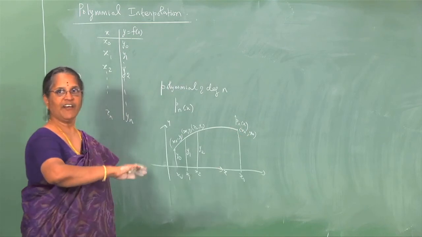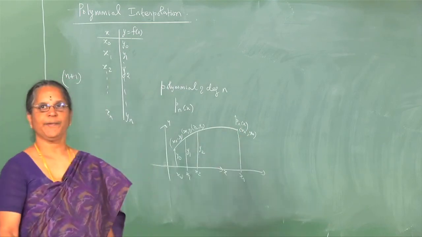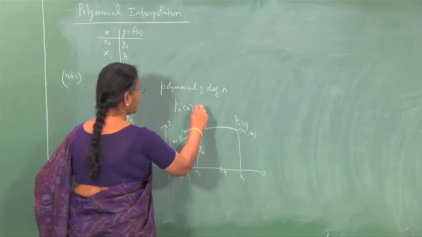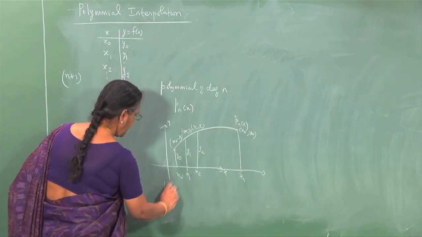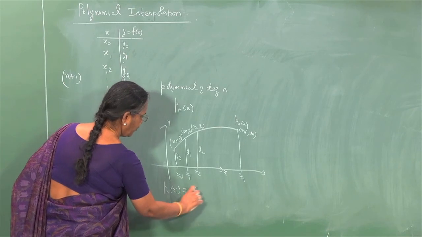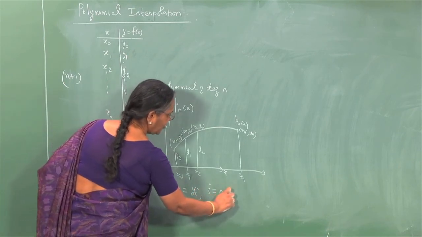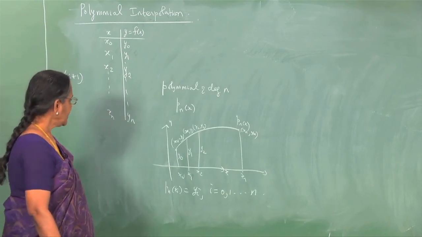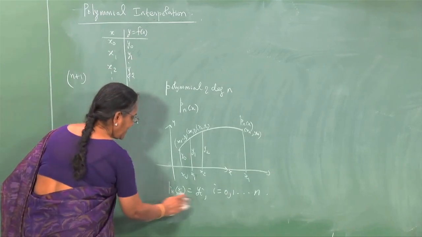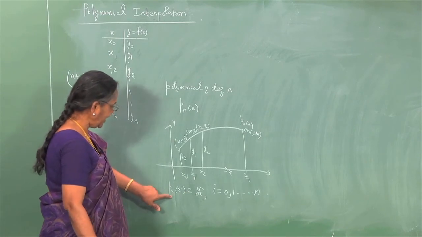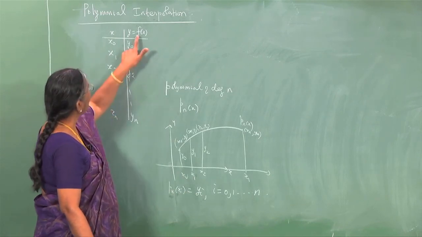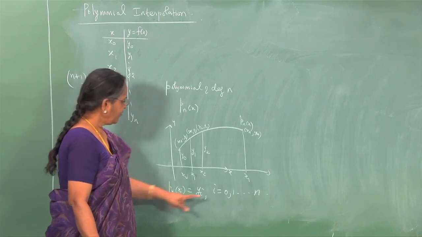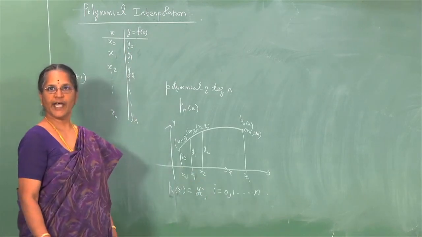So, I want the graph of Pn of x in the xy plane to pass through these points, or in other words, I require Pn of xi to be yi for i equal to 0, 1, 2, 3 up to n. In this case, we say that the polynomial interpolates the function f of x at the points xi for i equal to 0 to n.